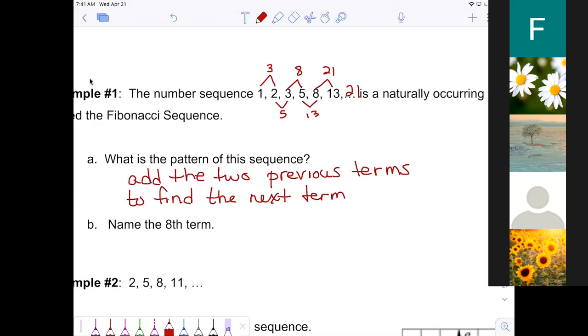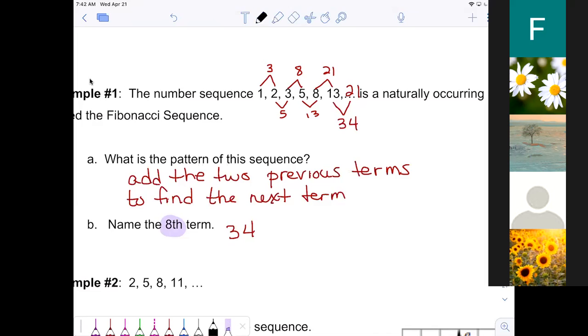It would be 34. Yeah, it would be 34. So you're pairing the 2 numbers together to find the next term in the sequence, and that 8th term would be 34. So again, the term that you're asked to find is the 8th number in the sequence. The 8th term is 34.